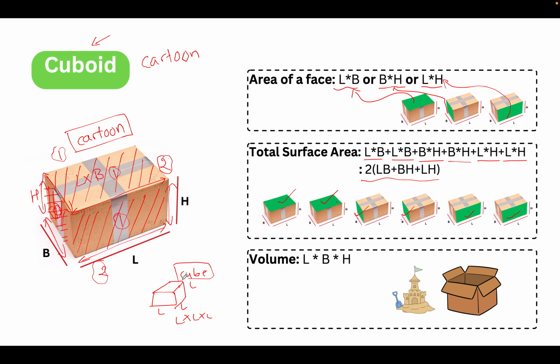But for a cuboid, we have length this, breadth this, and height this. So we will multiply the length, breadth and height to find the volume. If you get a question of how much sand can we fit in this carton, then you will need to multiply length, breadth and height, and the result will be the volume of sand that can fit in this carton. So this is about cuboid.